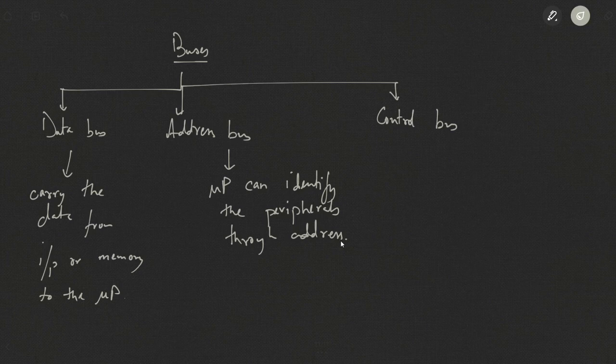Fine. So this address is issued to the microprocessor, and it is carried to the microprocessor through the line known as the address bus. The communication line that carries this address to the microprocessor is known as the address bus.